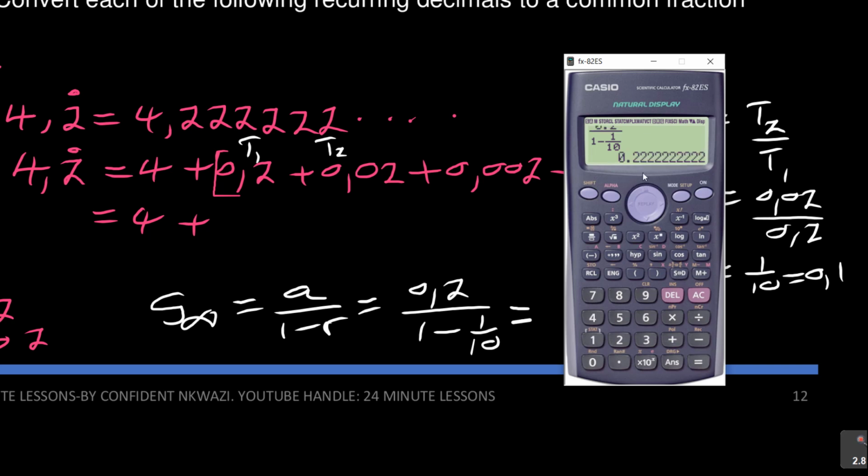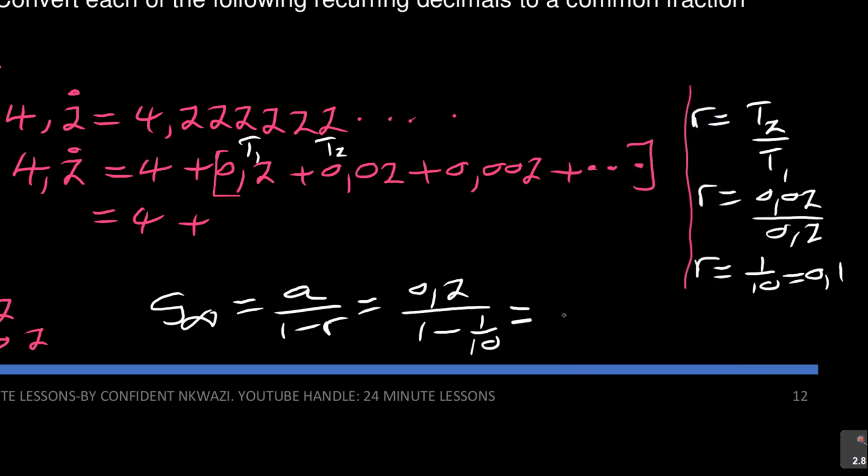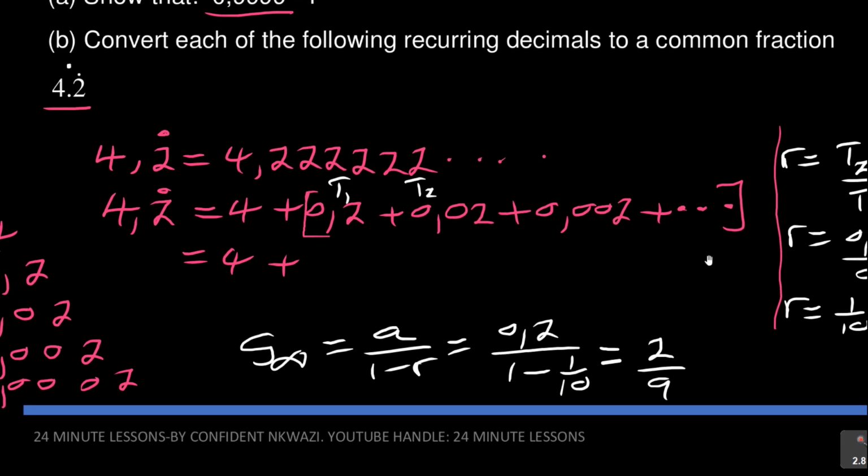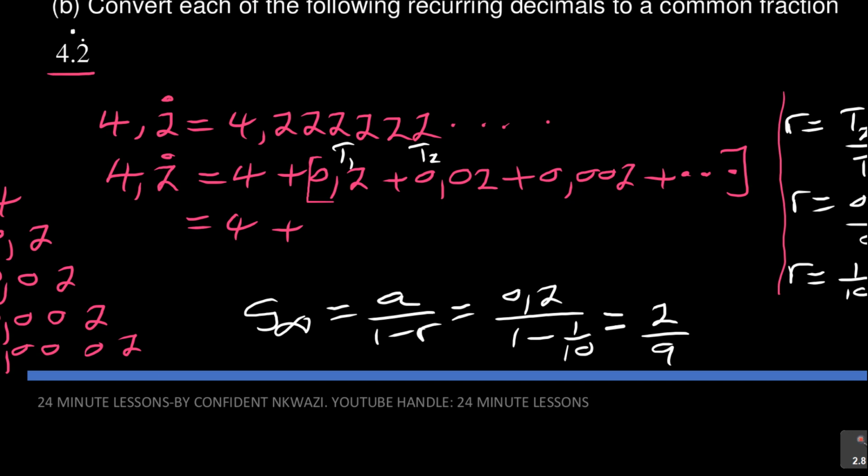It's actually fine there. It's 2 over 9. You saw it was 0.22. The question was to convert each of the following recurring decimals to a common fraction. So now you've got 4 plus 2 over 9, which is equal to 4 and 2 over 9.